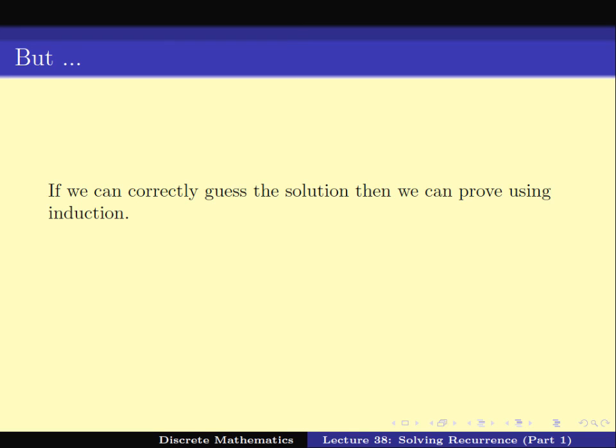The main question is, how do you guess the solution? And we will be doing this problem of guessing the solution to the recurrence relation in the next video. We will see one of the techniques, and in the next few videos we will see the other techniques. Thank you.